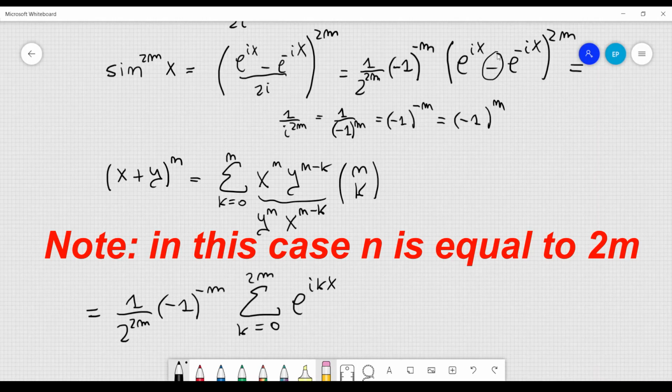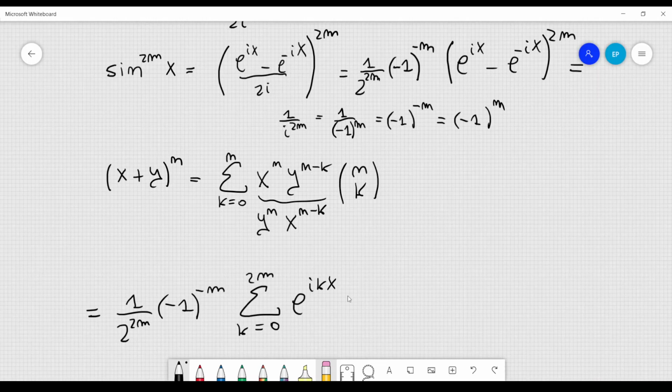I also have the minus, this is also important, but I will consider it later. So I have e to the minus i 2m minus k x, so instead of n, here I have 2m, right?